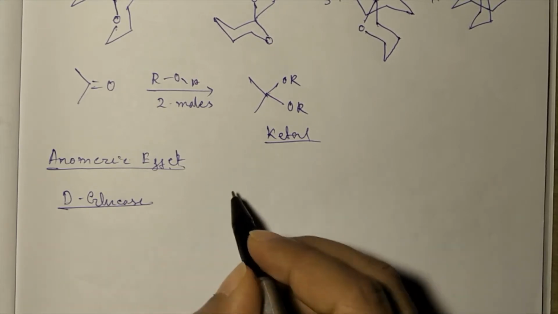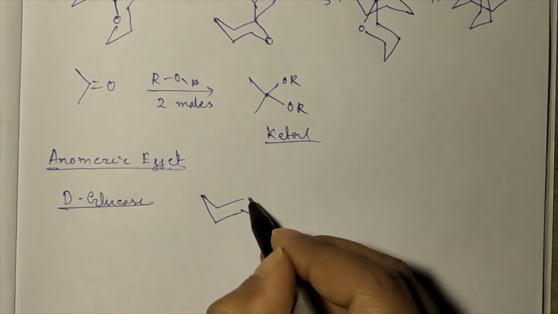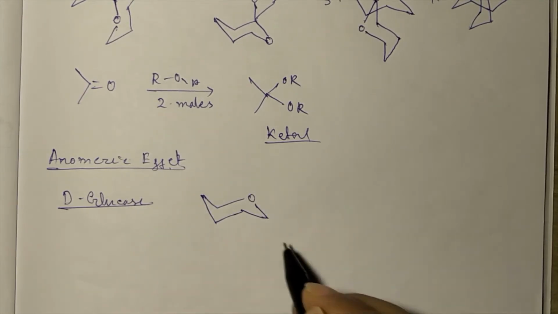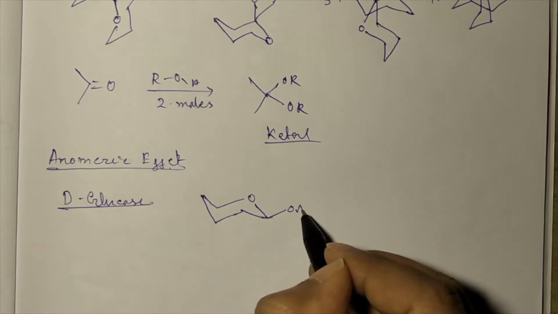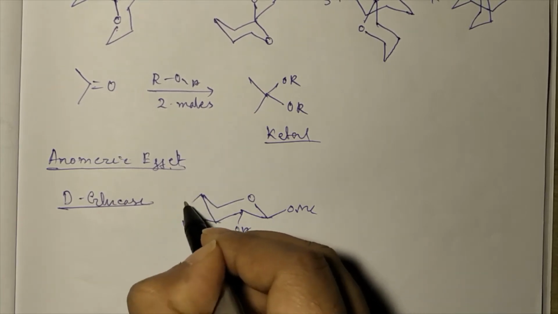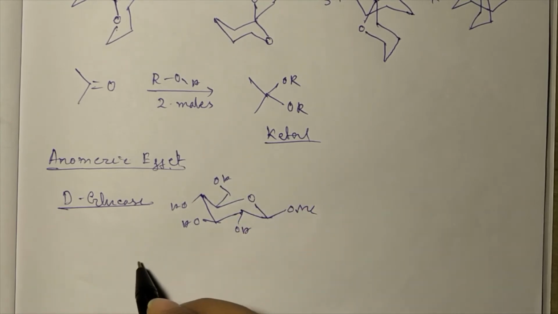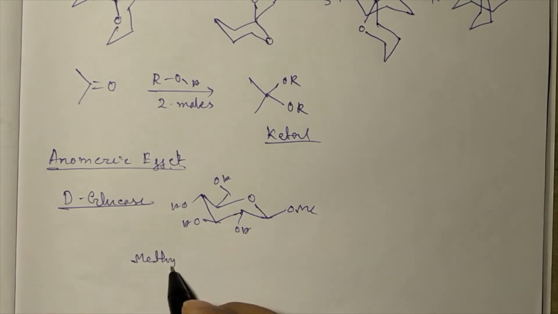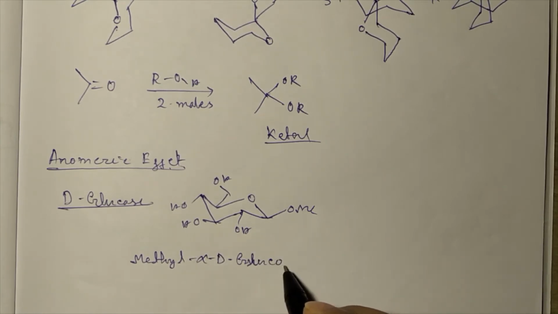We'll draw the two forms. This is called methyl alpha D glucopyranoside.